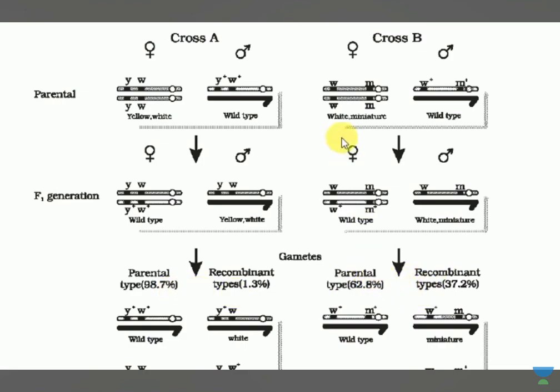Why? Because there the linkage is less. अगर linkage less है तो recombination ज़्यादा होगी. And what is the number of recombinant types? 37.2. It means that the parental type are only 62.8 and the recombination frequency is very high in this case, that is 37.2. In the last case it was just 1.3%. So there is a huge difference.